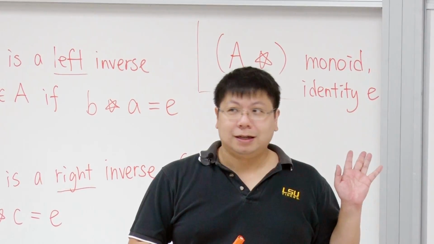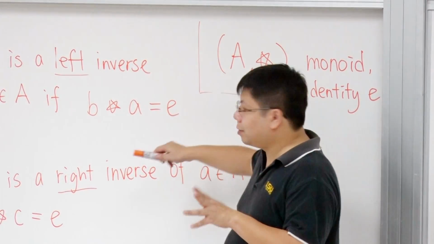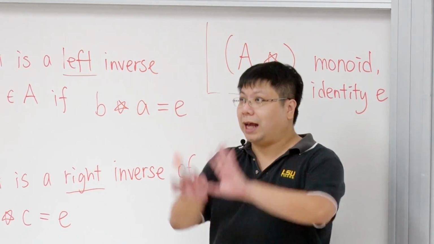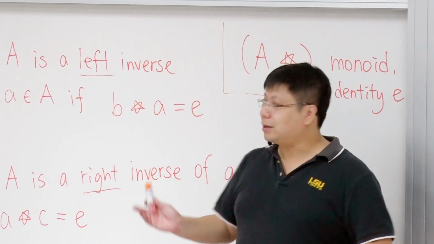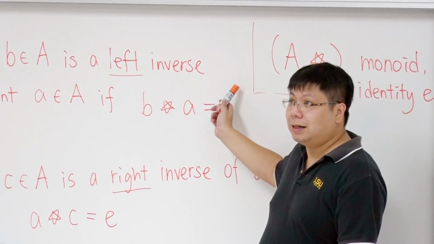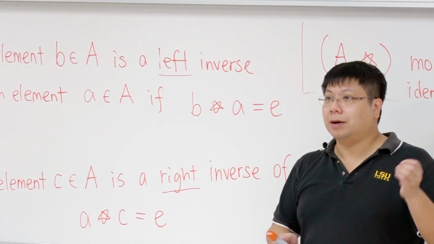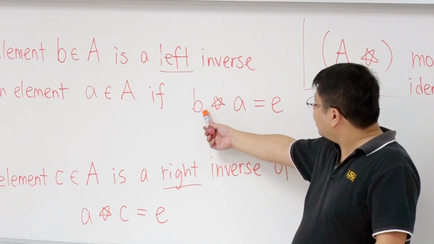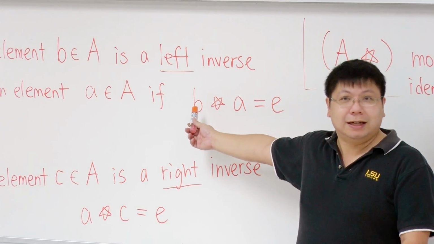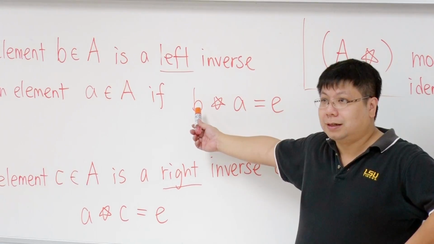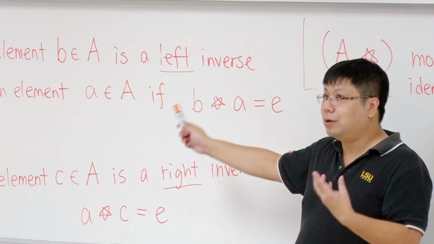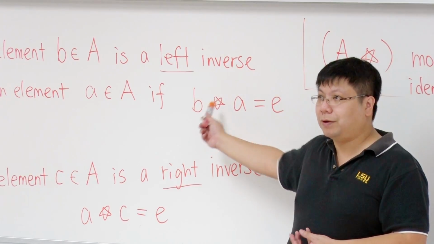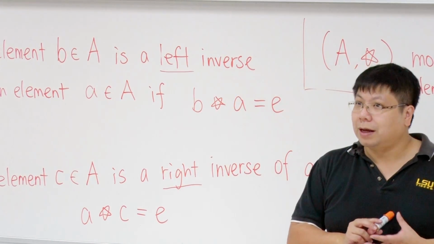If you do B on the left-hand side of A, you cancel the effect because it becomes an E. E is like a 0 in the plus or 1 in the multiplication, right? So it's like you are dividing by A if you multiply B on the left-hand side, or like you are adding the minus of that number if you are doing the addition. Is that okay?